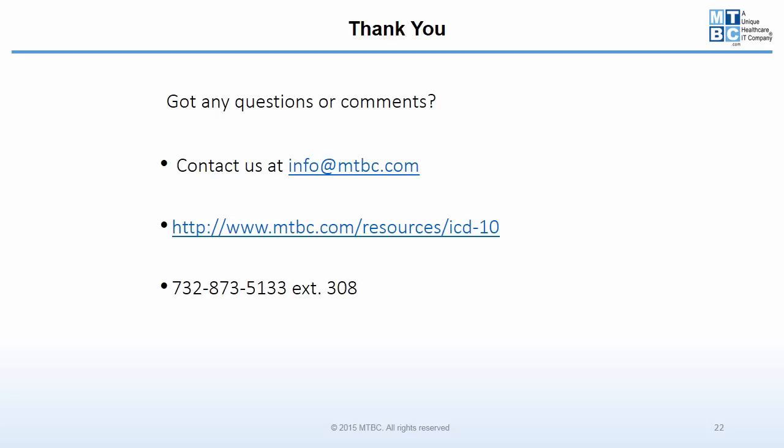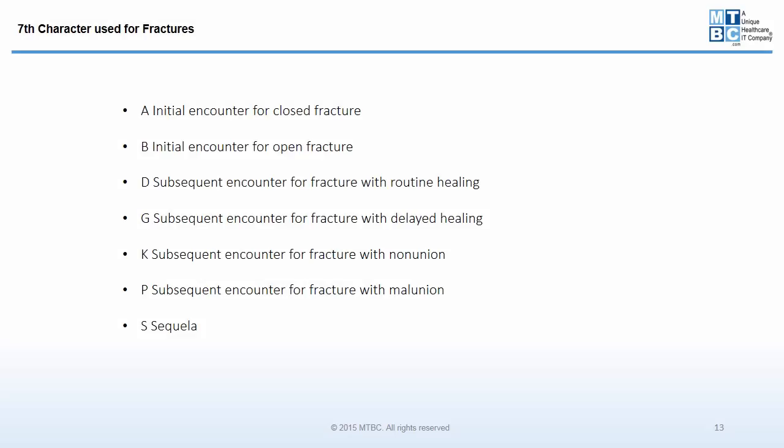Okay, so you want me to go back to the excludes notes? Okay, hold on a second. Okay, so again, the initial encounter will be if the patient is currently receiving active treatment.